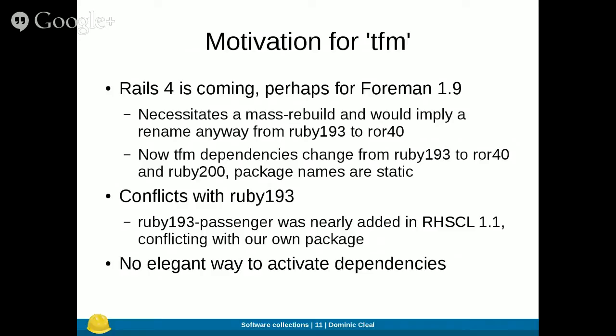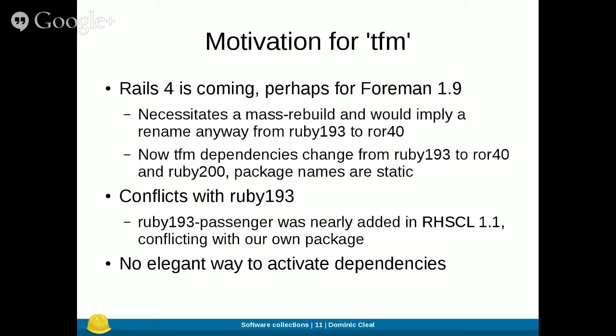So what I've been leading up to is a change to Foreman for how we package our extra dependencies. Instead of adding them to ruby193, I want to add them to a new TFM, the Foreman collection. The motivation for this has been coming with Rails 4. The work on that is already in progress, hopefully for Foreman 1.9.